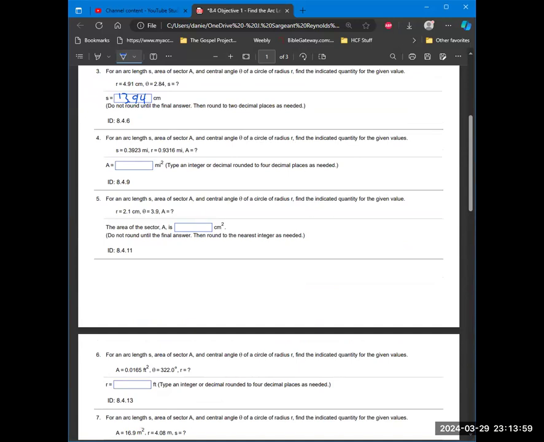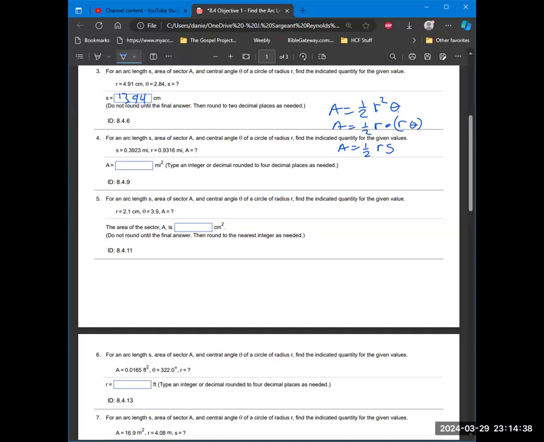Now we have S and we have r and we want to find A. So we're going to have to go backwards from S and r to find theta, or we need to look at that area formula, 1/2 r squared theta, and say, well, r times theta is already S. So this is 1/2 of r times S. And we can do that, since that's what they gave us.